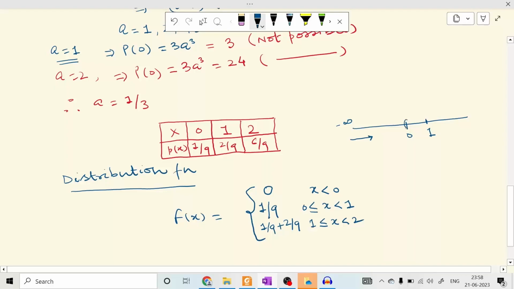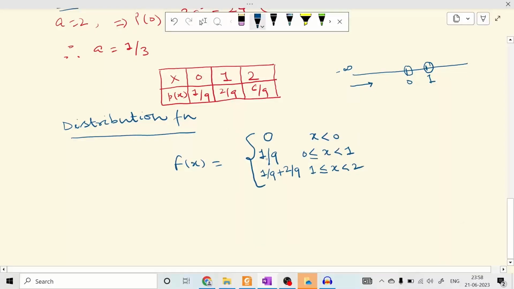So you have to add the probability corresponding to x is equal to 0 and the probability corresponding to x is equal to 1. That is what we have done here, and we have 1 by 9 plus 2 by 9.